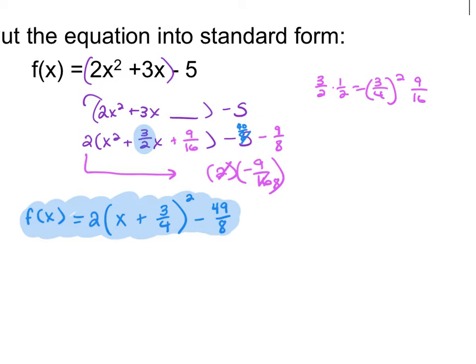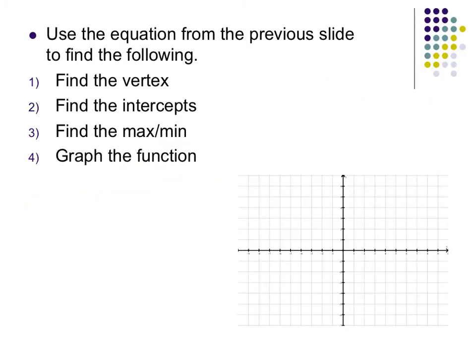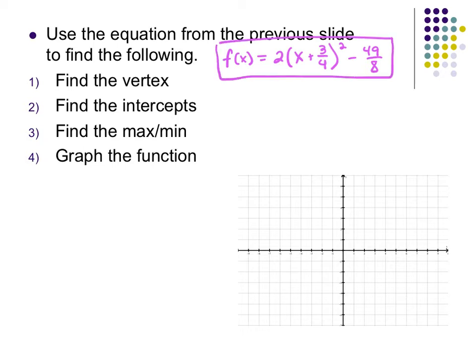Okay, so now I'm going to carry that over to the next one. So f of x equals 2 times (x plus 3/4) squared minus 49/8. Okay, here's my equation now, right?